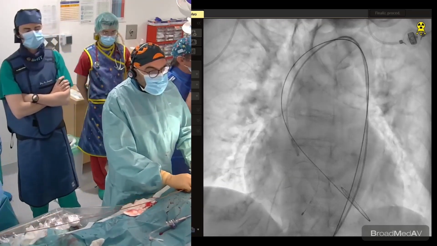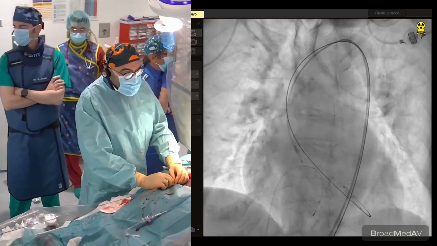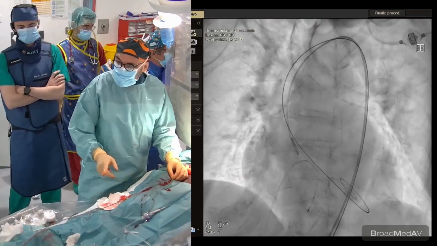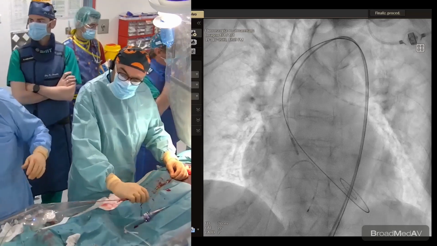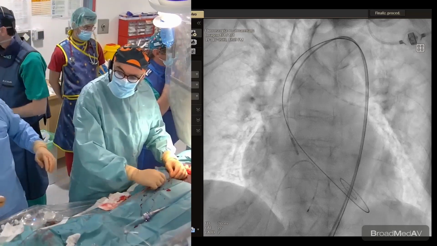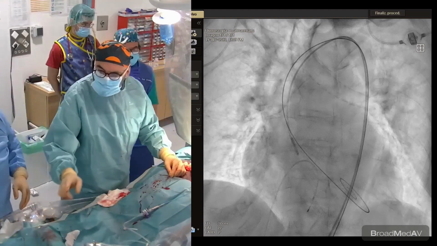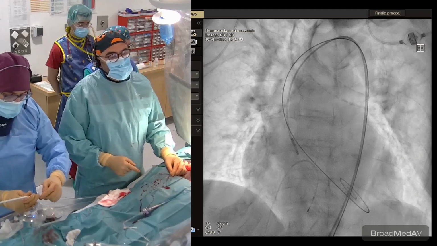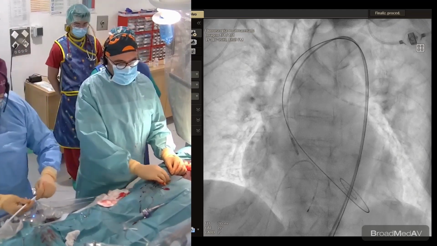If you were going to implant an Edwards valve, you could introduce the device inside the sheath without any problem, but now in this case we are going to see how to facilitate the advancement of the valve through the sheath. We are going to introduce the dilator again. Never forget this step because it's very important.